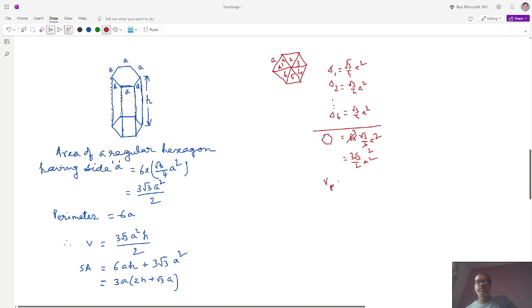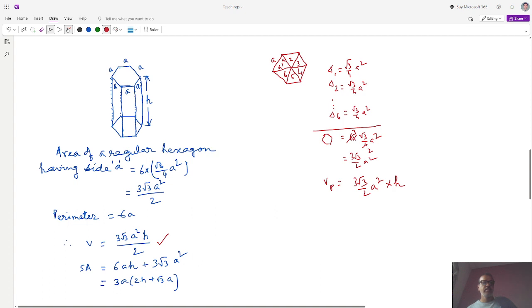Volume of prism will be base area, that is 3 root 3 a square by 2, into h. Okay, this is the volume of a prism which has a regular hexagonal base.